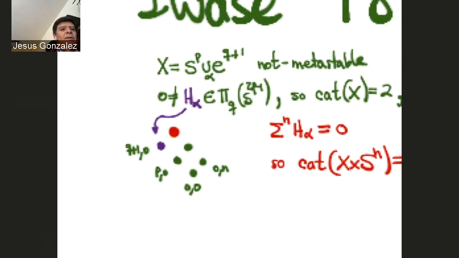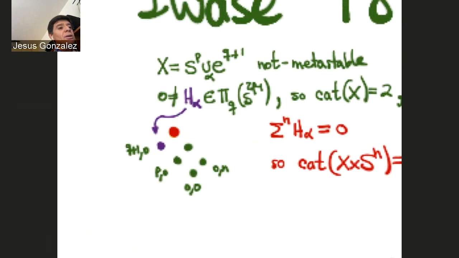Then what Norio did was to choose an attaching map whose invariant, namely whose Hopf invariant, this obstruction, is non-zero. This is good so far, but then you can think of the whole Cartesian product. You have a top dimensional cell in red here, and you have to decide whether the category goes from 2, which is the second layer, to 3.